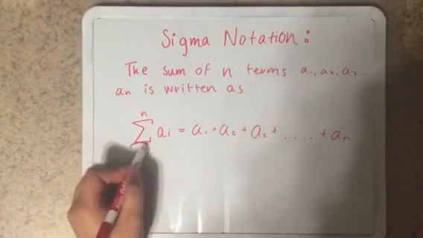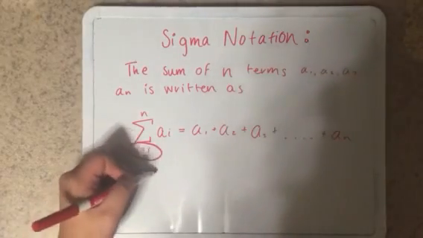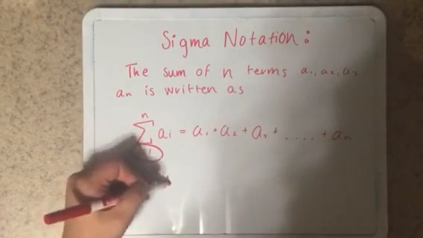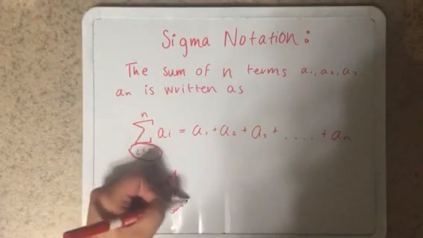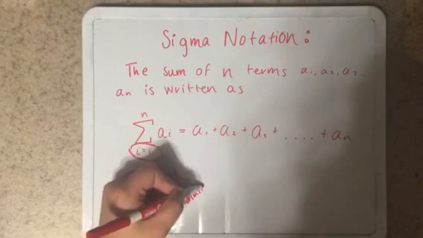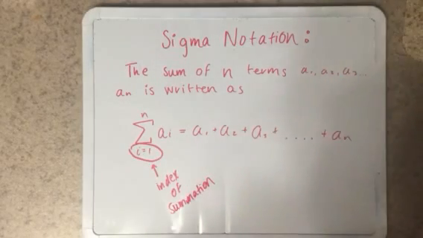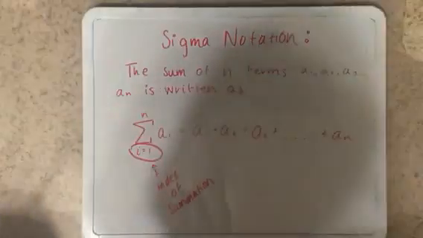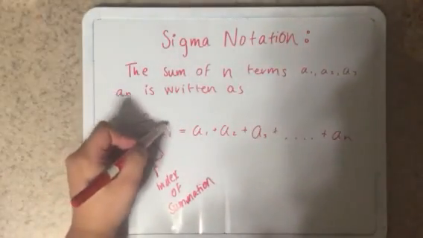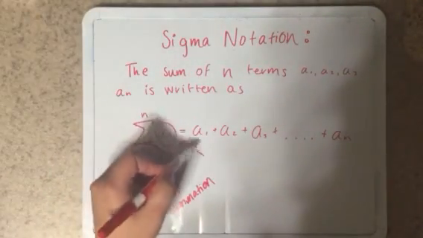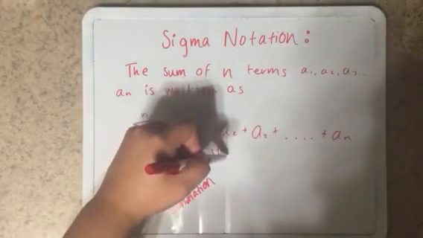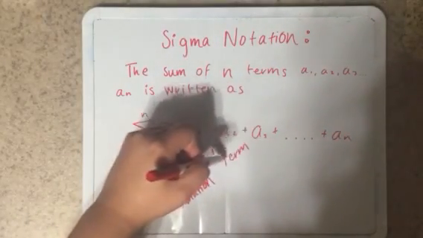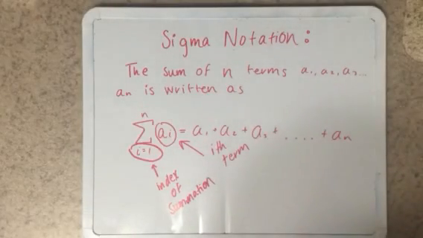This i right here is called the index of summation. So this i is known as the index of summation. And then a_i is known as the ith term of the sum.